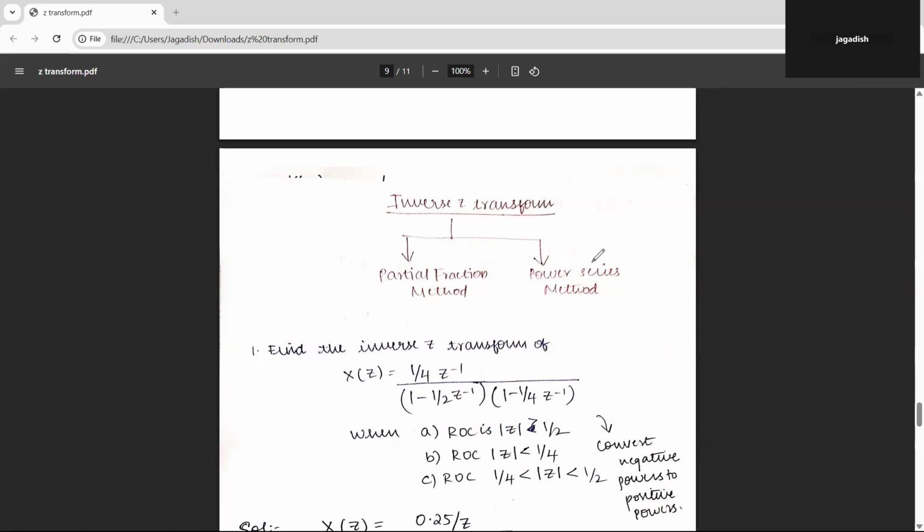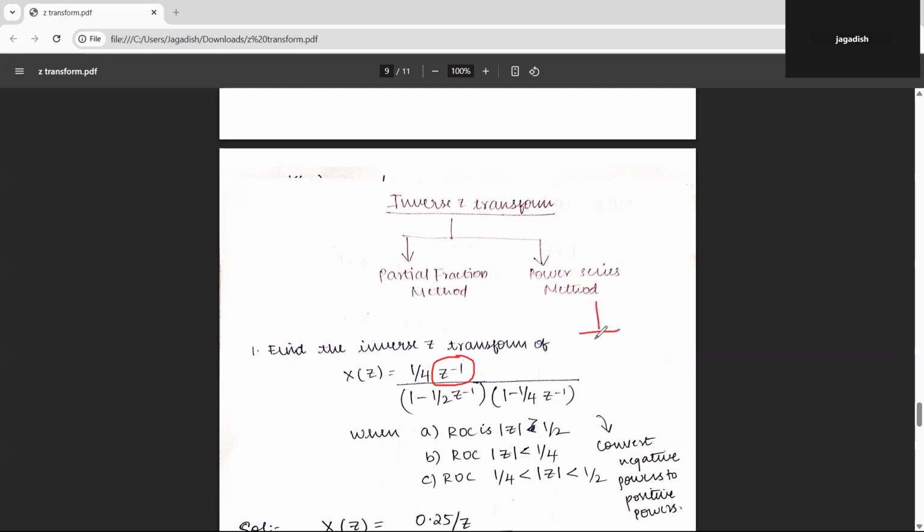I've already told. So the first step, you have to convert the negative power into positive power. In the partial fraction method, the first step is to convert the negative Z inverse to positive. How can I make Z inverse positive?